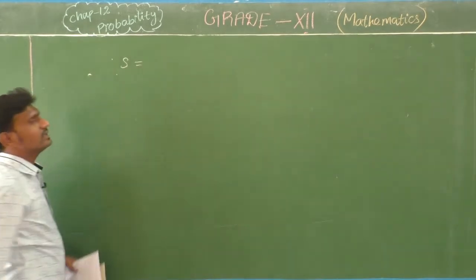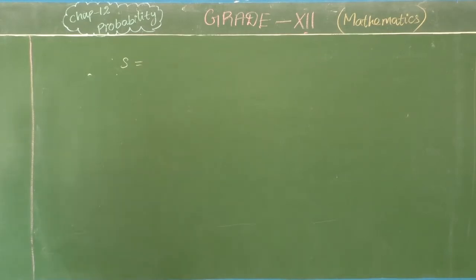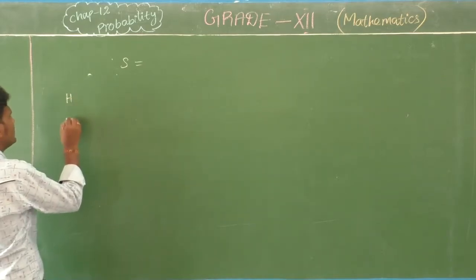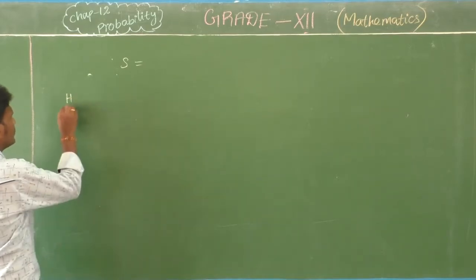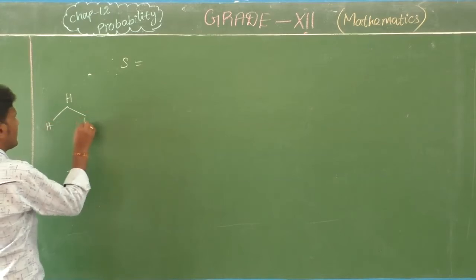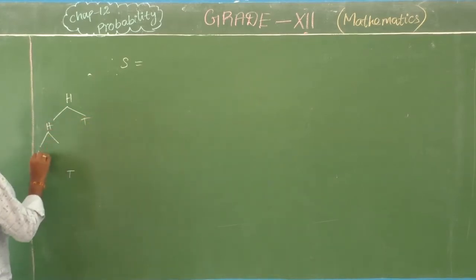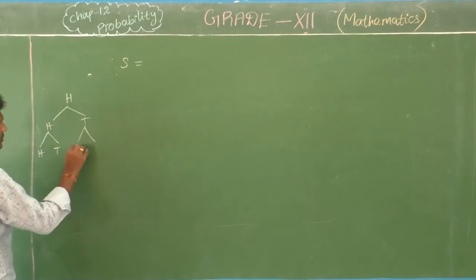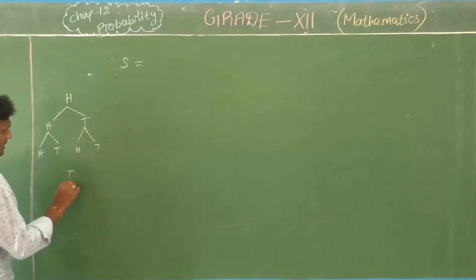A coin is tossed thrice. Now what are the outcomes that will come? It is very simple. First head and tail, so the first time head or tail, second time also head or tail, same like that here also.